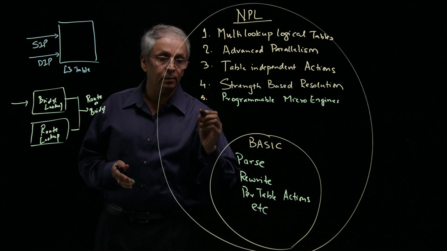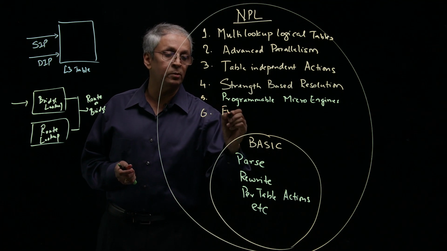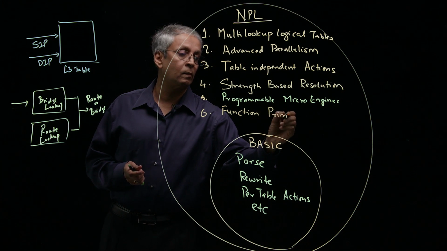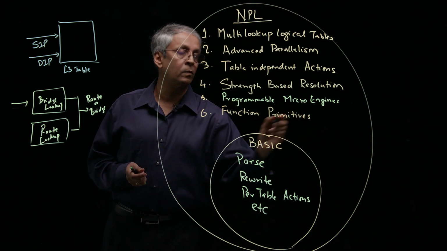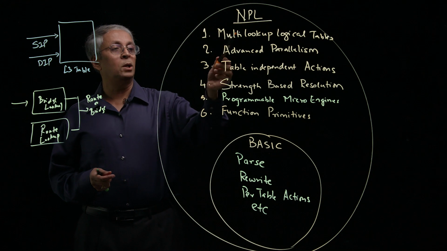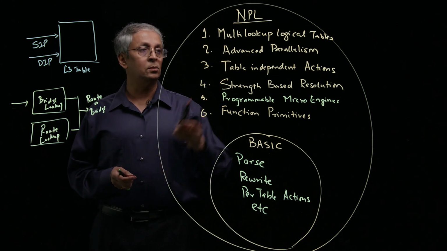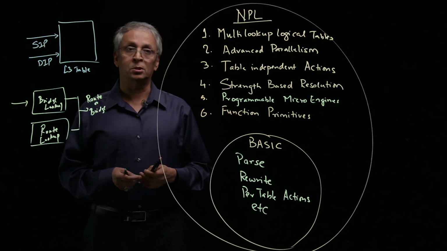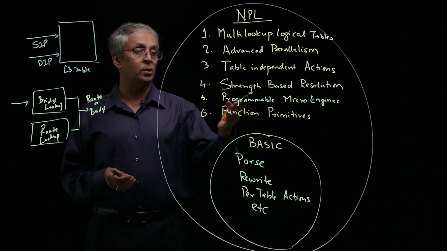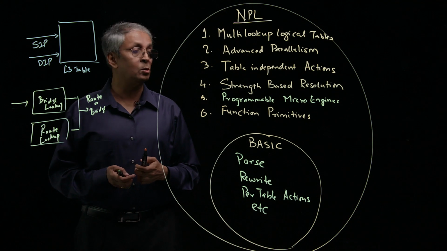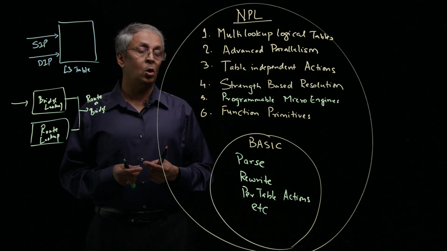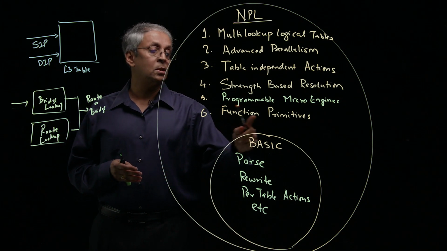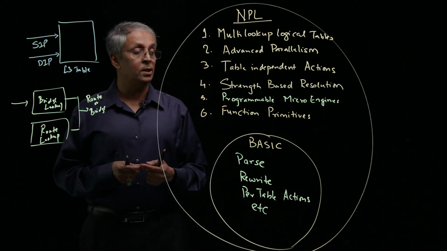The next one is function primitives. When you do things like multi-lookup logical tables, advanced parallel lookups, strength-based resolutions, ACL lookups, or get outputs from your programmable microengines, all of these need to be resolved, and those are resolved by what we call functions.